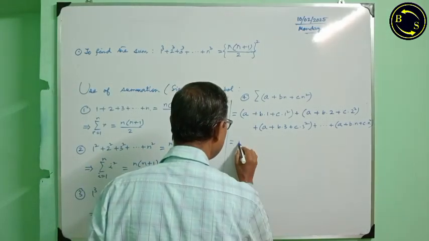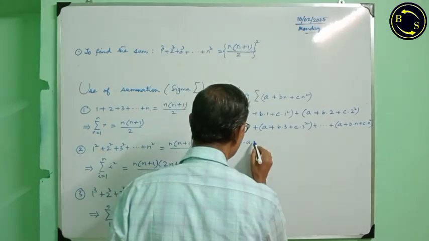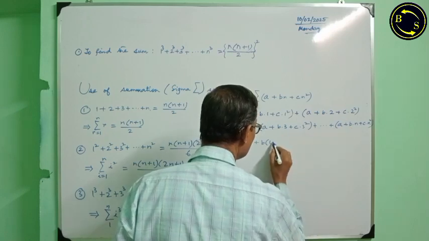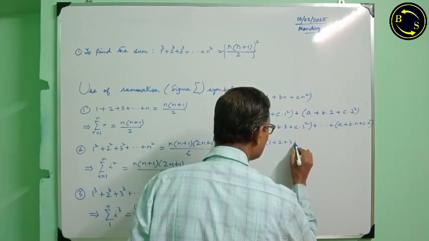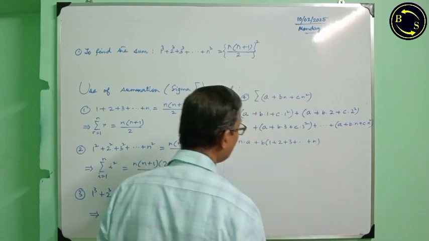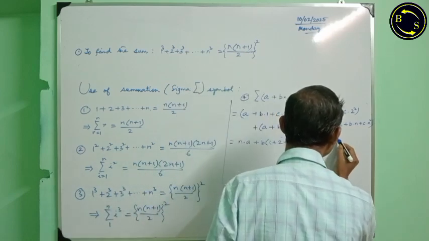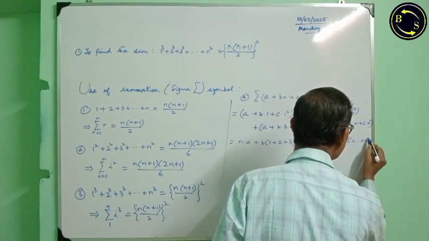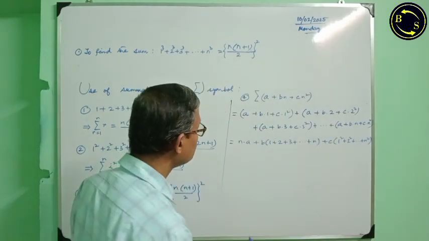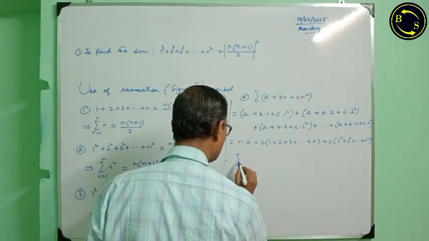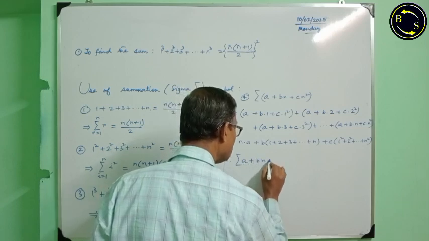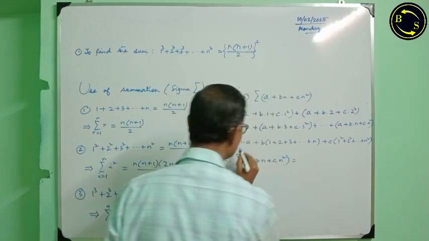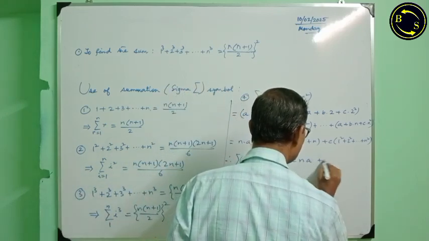Therefore, it will be n into a plus b into 1, 2, 3 up to n plus c into the sum of squares.